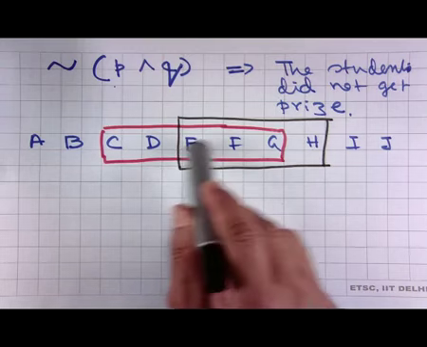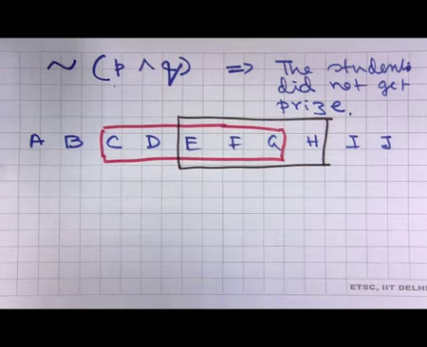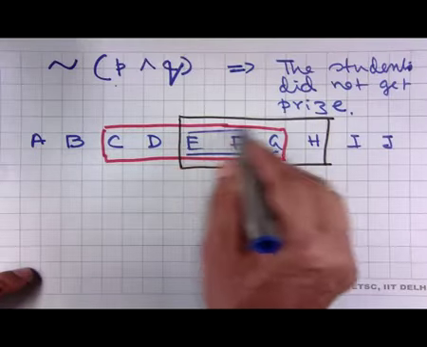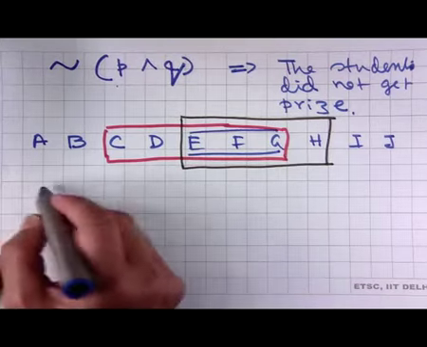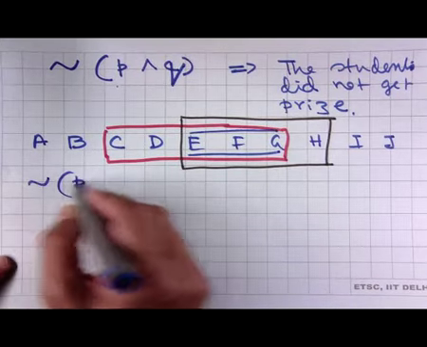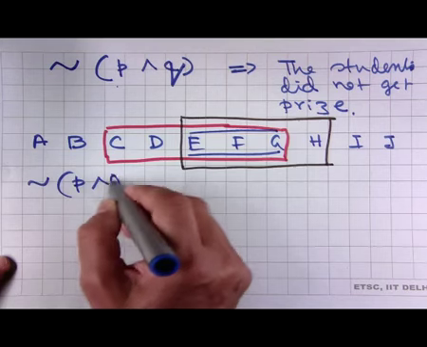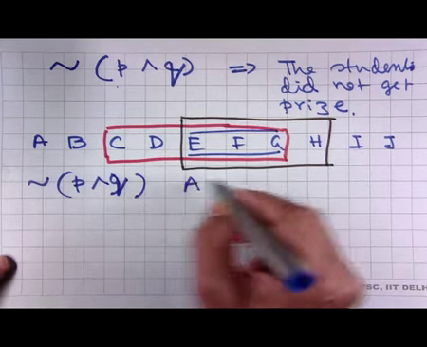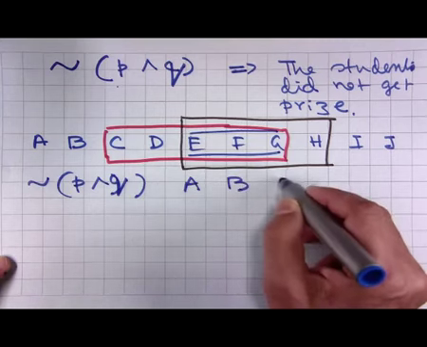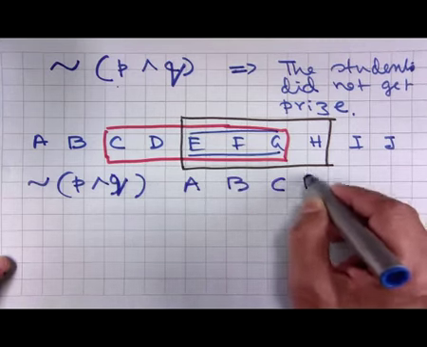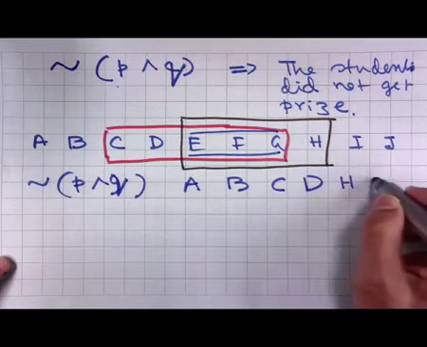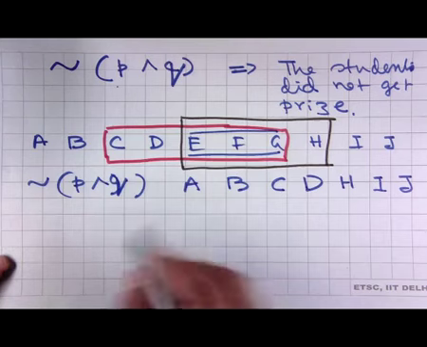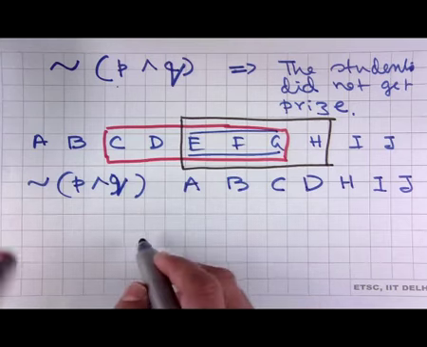It is E, F and G. Therefore, these are the only students who have got a prize. So, what belongs to not of P and Q? Not of P and Q is A, B, C, D, H, I, J. Who are these?